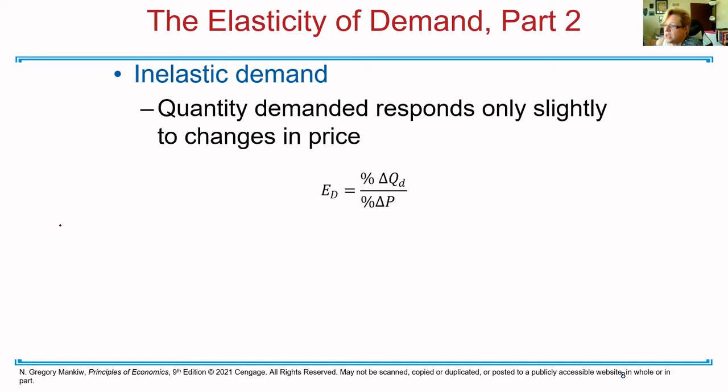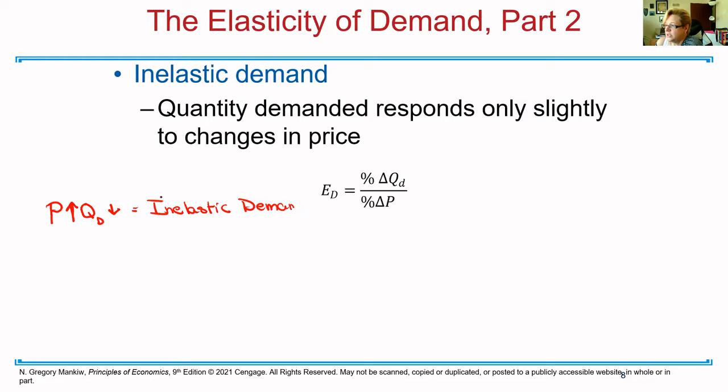Inelastic demand is where if we increase the price, the quantity demanded is going to go down. We know that from the law of demand, but just by a little bit. Okay? We call this inelastic demand. And how do you keep them straight?